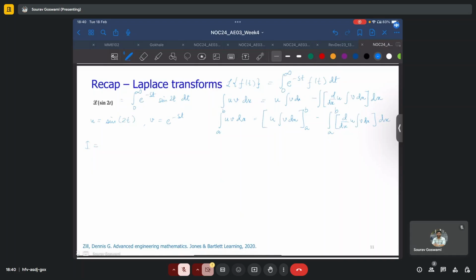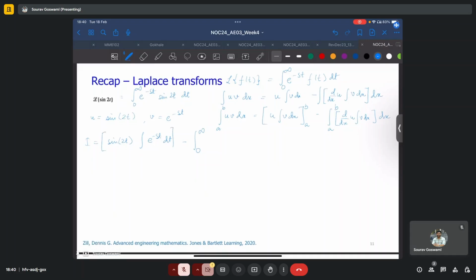then using our formula for the integral of products, this will give us u times the integral of v dt, minus the integral of, oh sorry, not here.